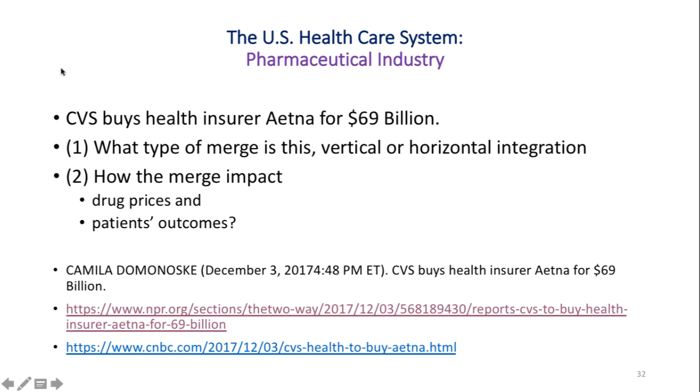Now, how does it affect patient outcomes and drug prices? First of all, this transaction fills an unmet need in the current healthcare system and presents a unique opportunity to redefine access to high quality care at lower cost in the local setting, because CVS is a drugstore on every corner in your community.